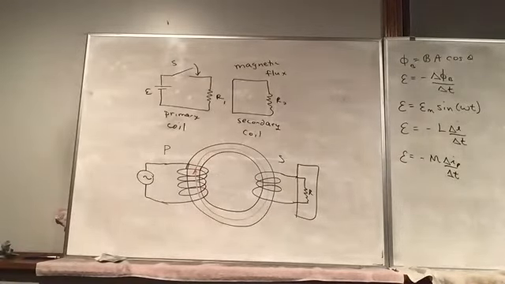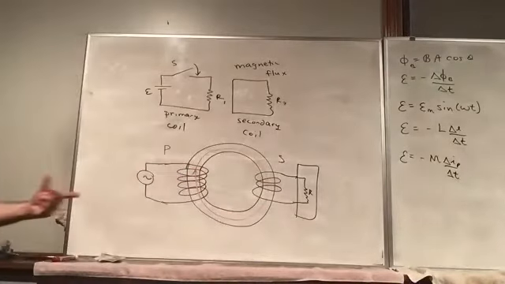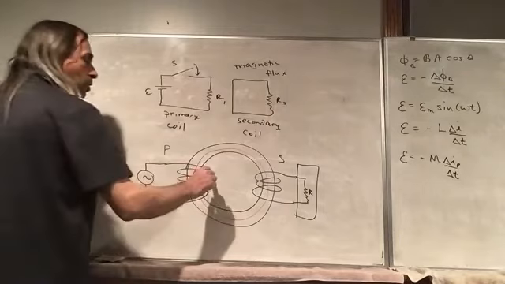Now, that's not 100% accurate, but basically the magnetic field lines are going to pass through every coil. Some of it's going to leak out, but to a fairly good approximation, we'll get the same flux through every coil. But we have a different number of coils.